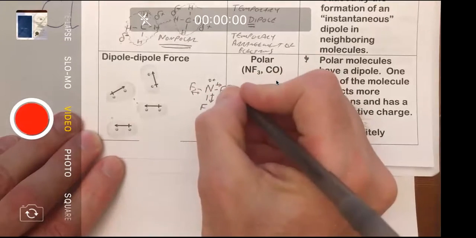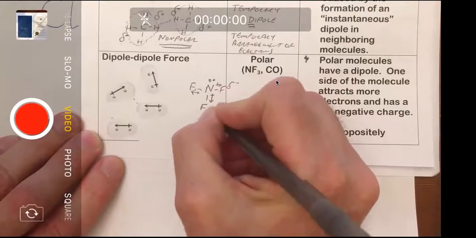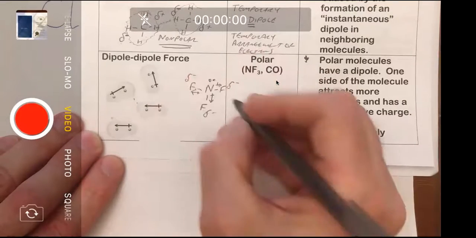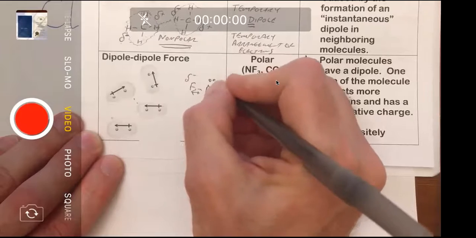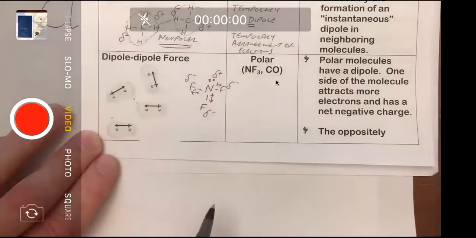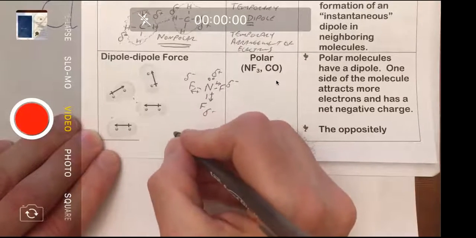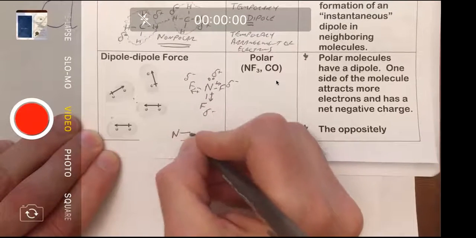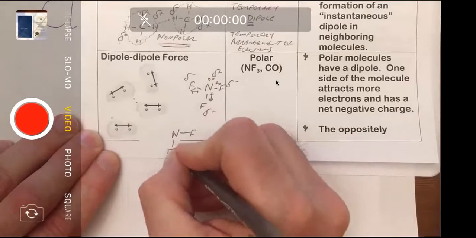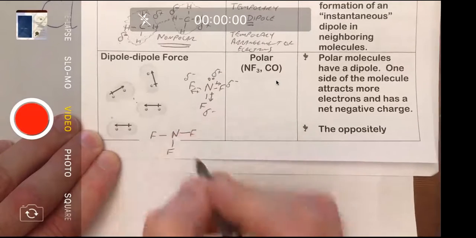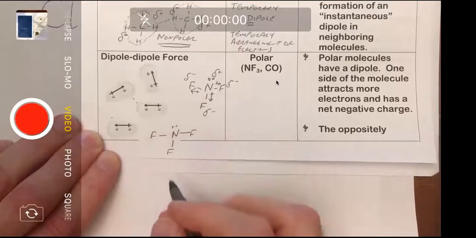So the electrons are going to be gathered around the edge here, which makes the inside part, the nitrogen, a little bit positive. And so if you think about NF3, if I had another NF3 over here, this one hopefully kind of makes sense. All right, yes, there are electrons, okay?